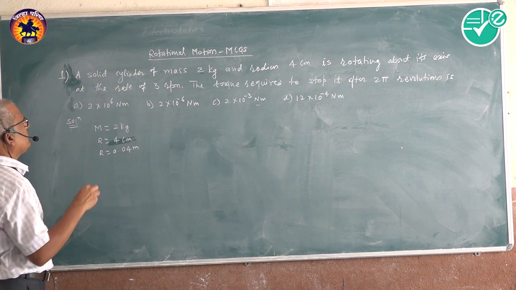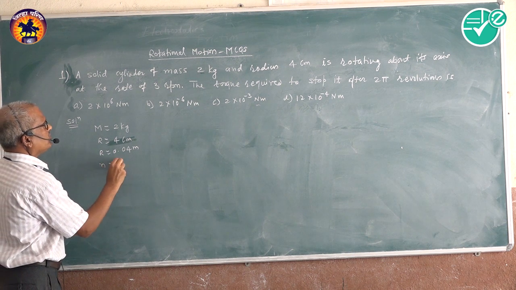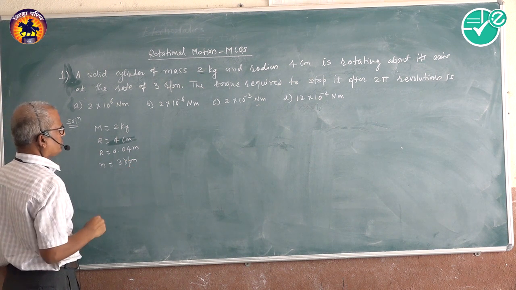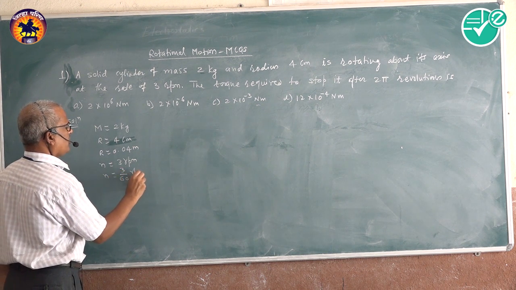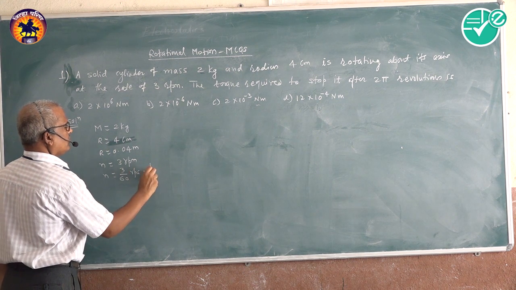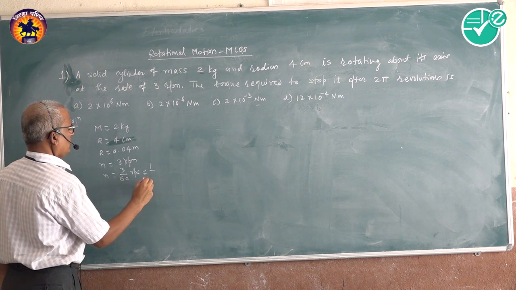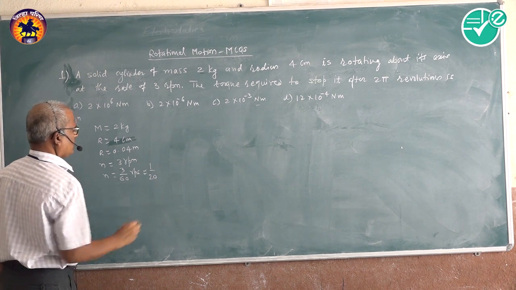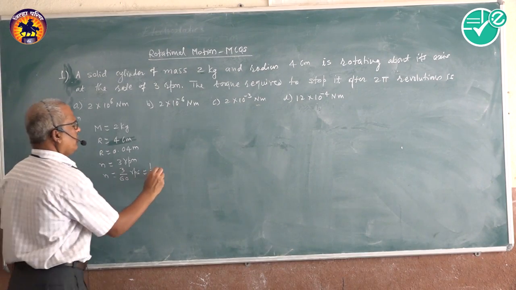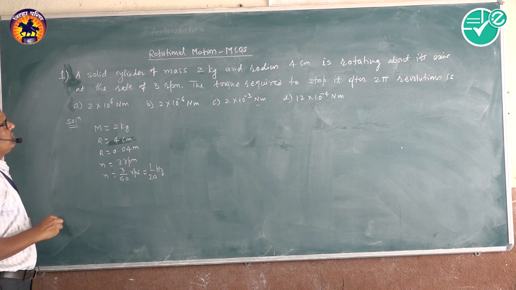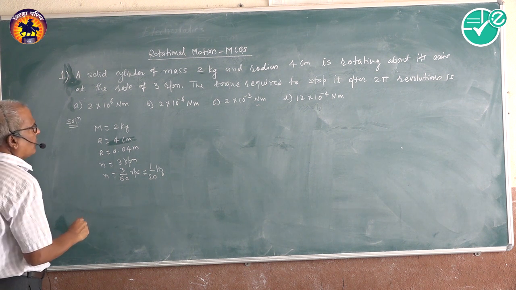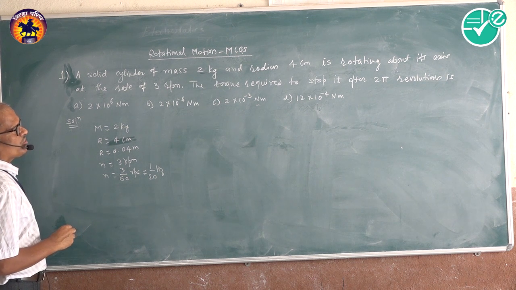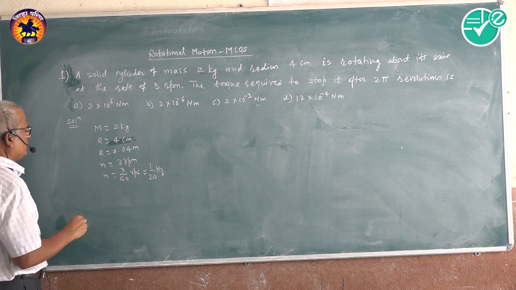It is rotating about its axis at the rate of, means frequency, 3 rpm, that is 3 upon 60 rps, that is 1 by 20 Hertz. Now what we have to calculate is the torque required to stop it after 2 pi revolutions.